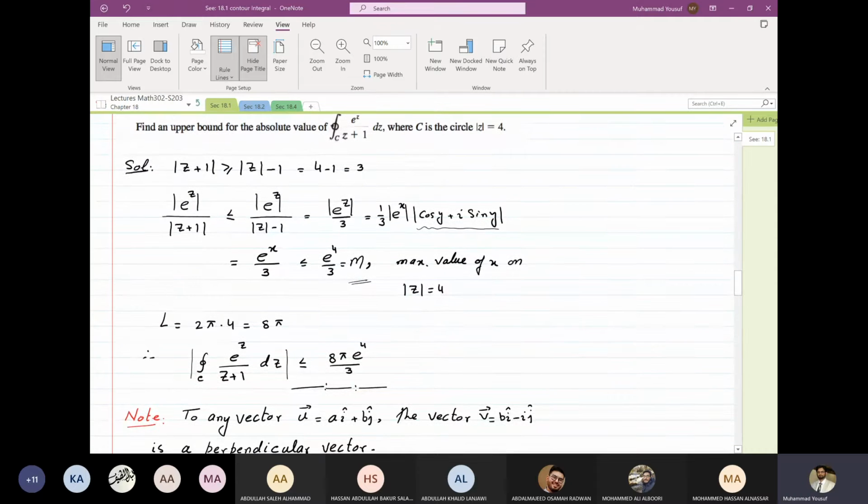It's quite a simple thing. First, you need to find the upper bound of the function in absolute value, of course. Second, we need to find the length of the curve.